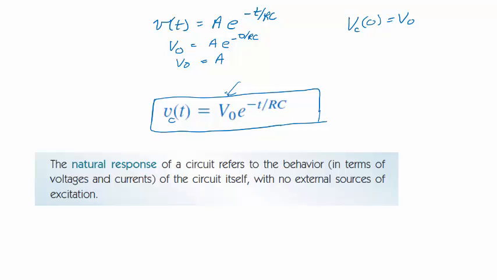If the capacitor had no initial charge on it, then the whole circuit zeroes out, and it's not even an interesting problem. So you have to have some kind of initial conditions on the circuit so that you can look at the natural response of the circuit. It's how the circuit behaves in the absence of any external sources or excitation.